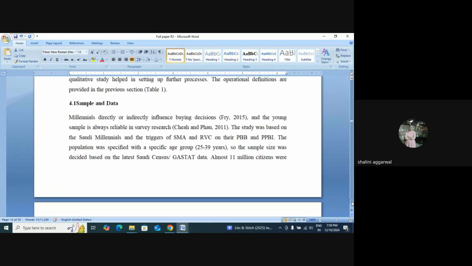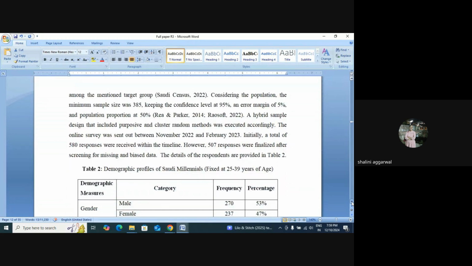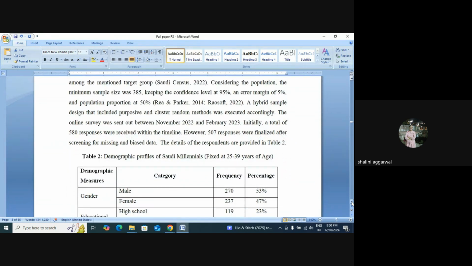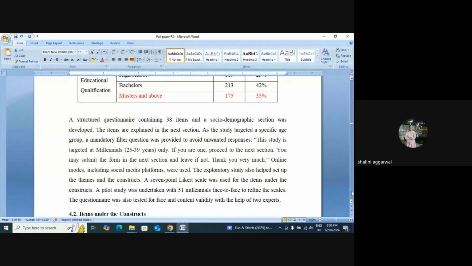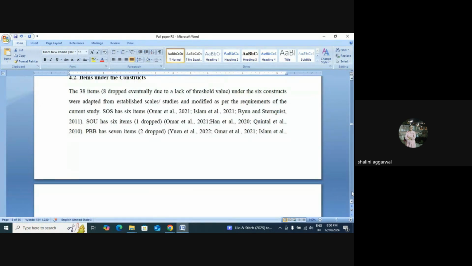The population was specified almost 11 items under the construct. Just have a look at this. This is items under the construct. So this is from where we have taken our variables. Look at this. This is sense of scarcity, panic buying behavior. These are variables, right? So where have we taken them from? Please look at this. SOS, sense of scarcity, has 6 items.